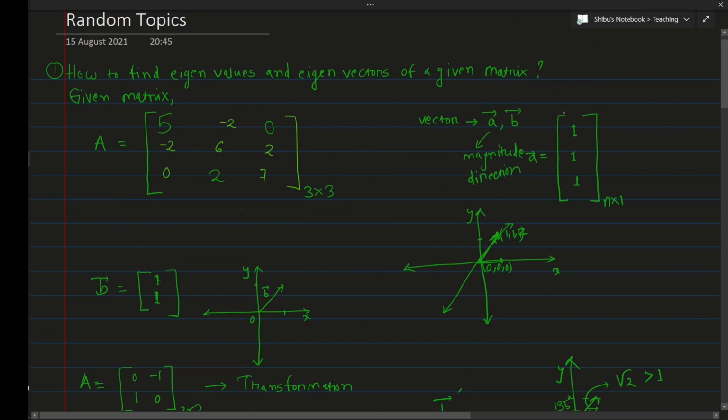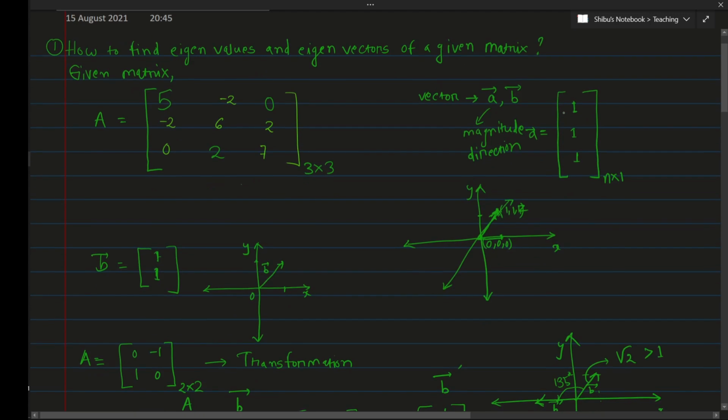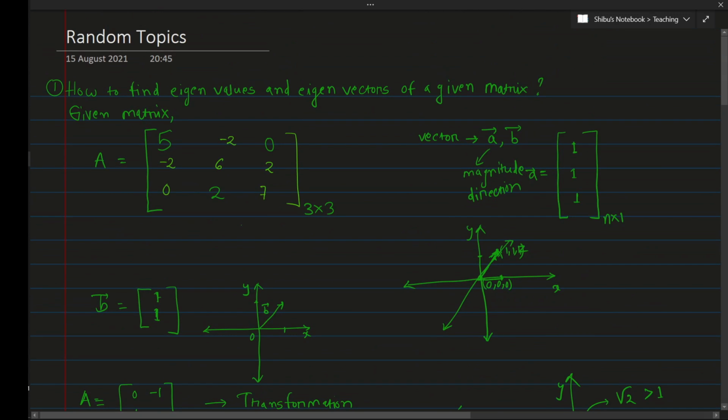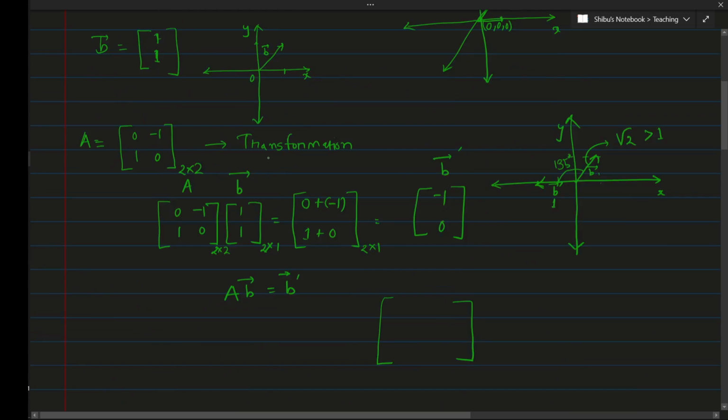So as you see, a matrix transforms vectors, right? Let's say we have a given matrix A here. What are its eigenvalues and eigenvectors? An eigenvector of this matrix is a vector that will not get rotated when it is transformed by this matrix A. So what I mean is, when we apply this matrix A on some vector u, it will not get rotated.